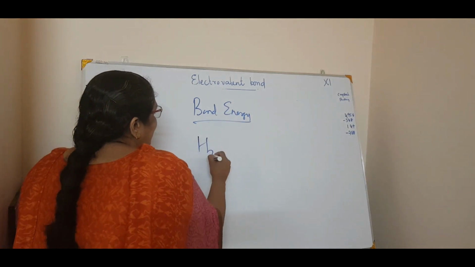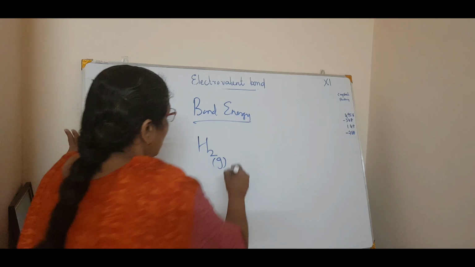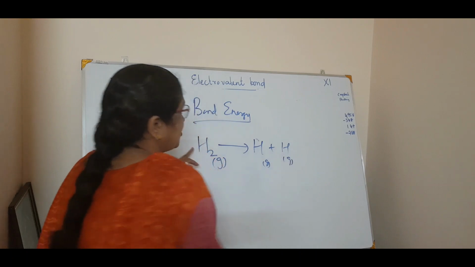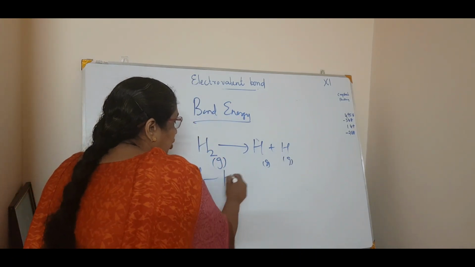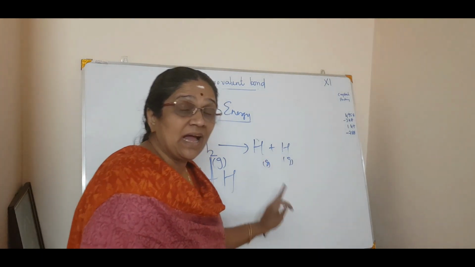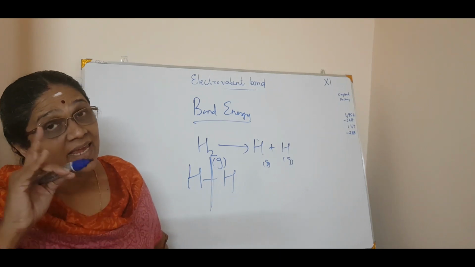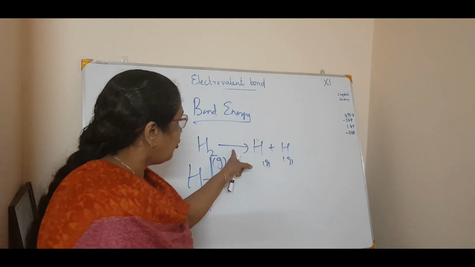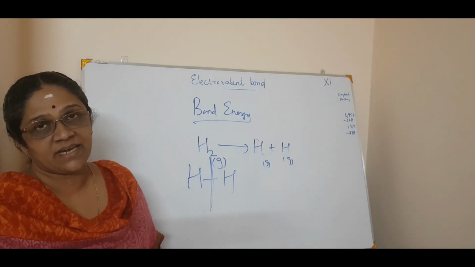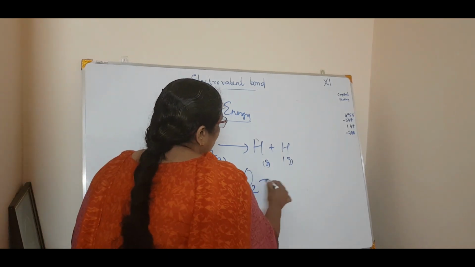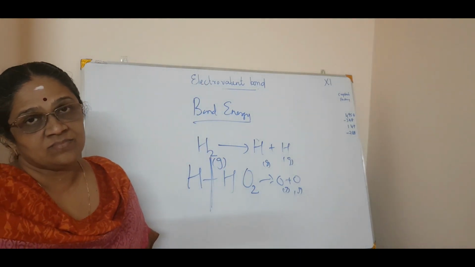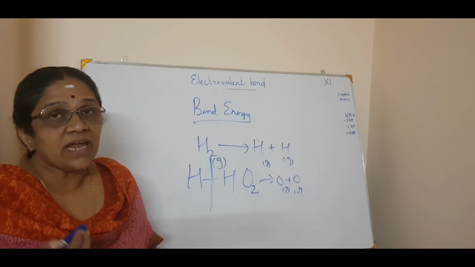For example, hydrogen in the gaseous state forms 2 hydrogen, that means H plus H. In order to break this hydrogen molecule into two separate hydrogen atoms in a gaseous state, how much energy is required? It is called bond energy. Simple. Correct. Or O2 will give you O plus O. But remember, this must be in a gaseous state. So that is called the bond energy.